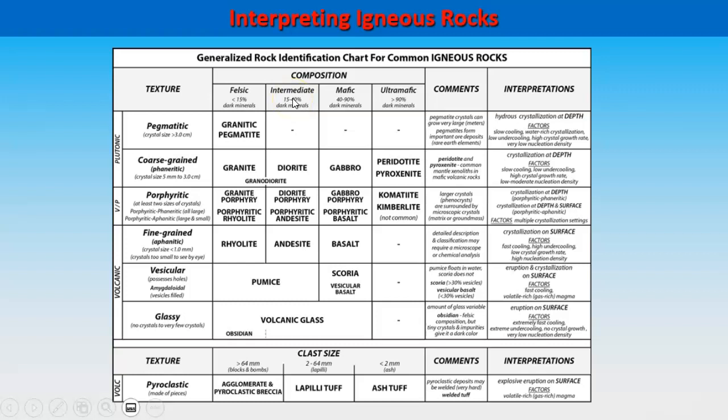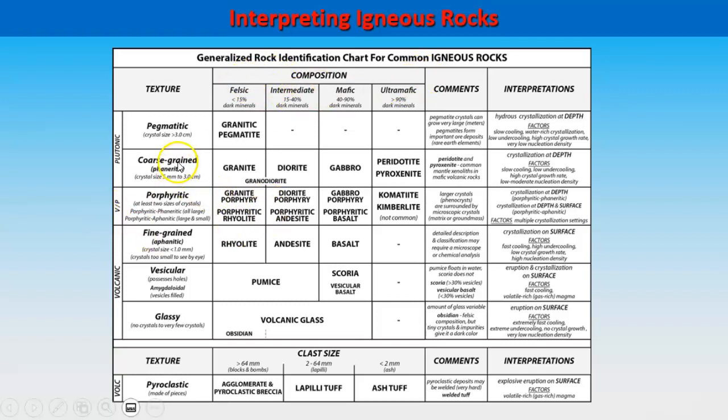And look, sometimes you need all three samples together to know where the intermediate is. If you have a black rock, a gray rock, and a white rock, you should be able to tell me which is which. If I just threw a gray rock at you, you might be like, I don't know, is it dark enough to be mafic, or is it light enough to be felsic? But in comparison to other rocks, you should be able to determine its general composition.